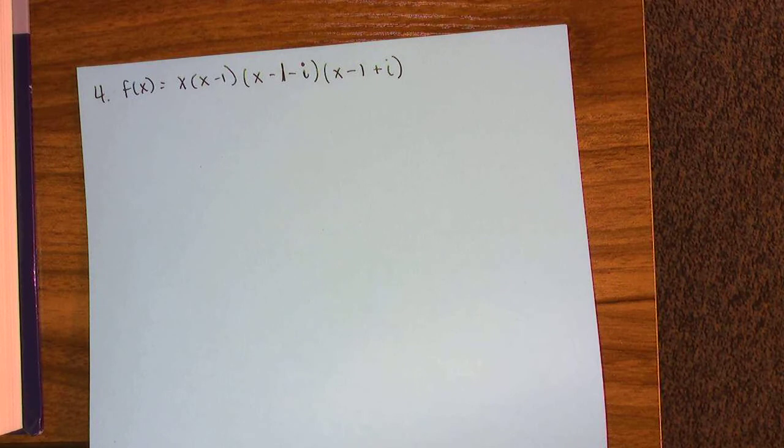Let's see. Trying to work my way down in order of examples here. Stuff like 5 through 12, it says to write a polynomial function of minimum degree in standard form with real coefficients whose zeros are included in the lists.